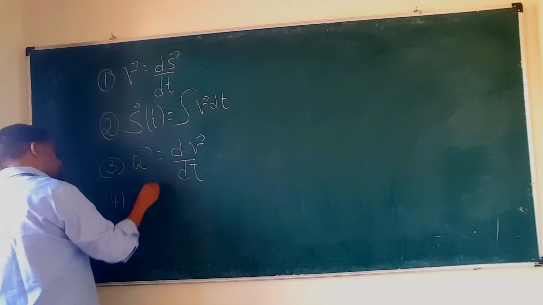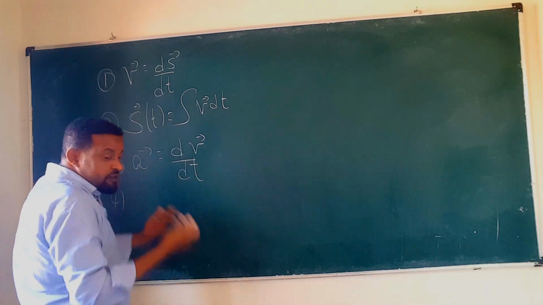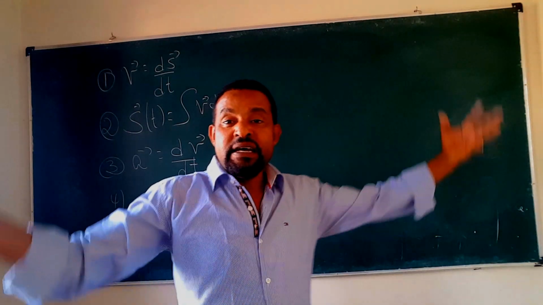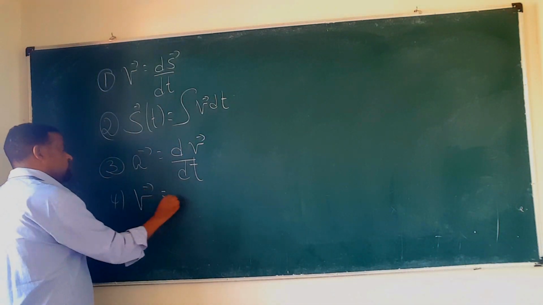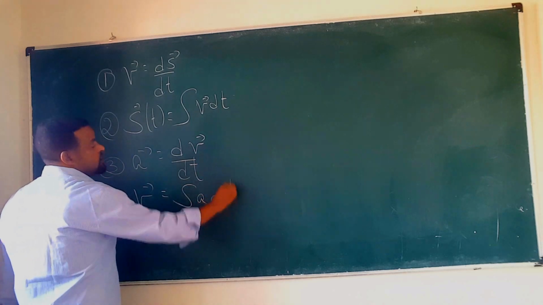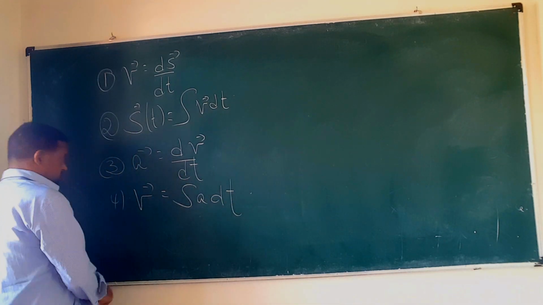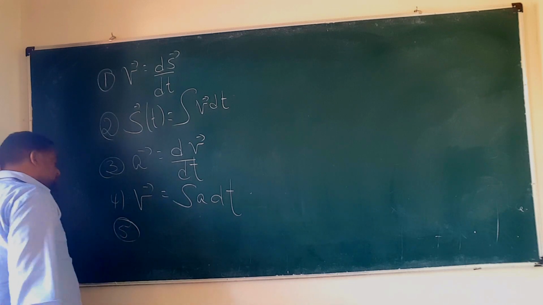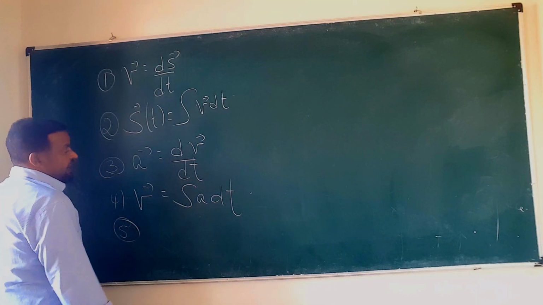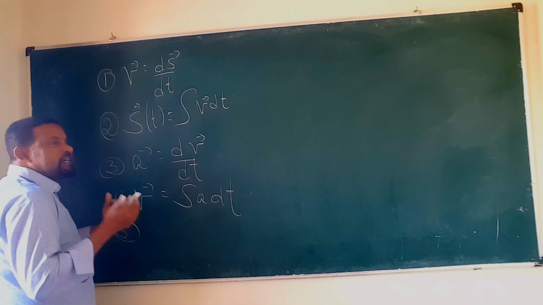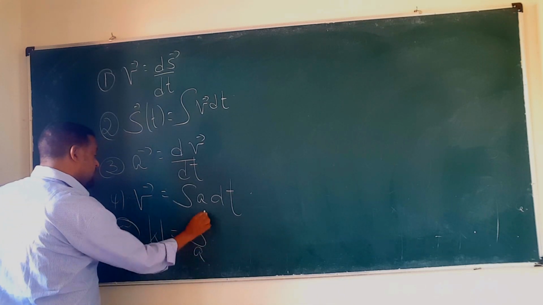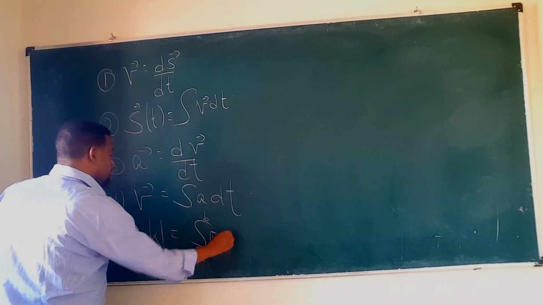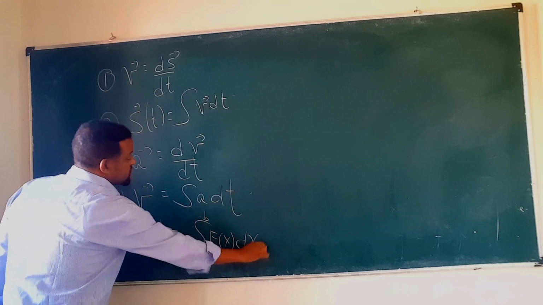And the fourth one, if you have been given acceleration as a function of time, and if you have been asked to find that velocity, then velocity is equal to the integral of that acceleration with respect to t. And finally, the work done by a variable force F, which is given as a function of x, is the definite integral from a to b of that variable force f of x with respect to x.